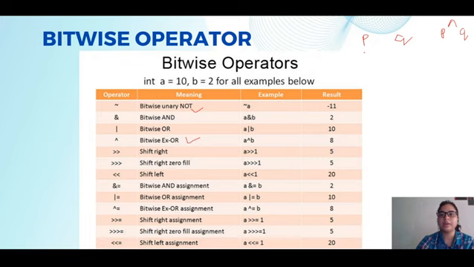Here you have values, let's say 0 0, 0 1, 1 0, 1 1. Always remember for XOR, if both the values are equal, you will get output as 0, else you will get the output as 1. So this was all about XOR.